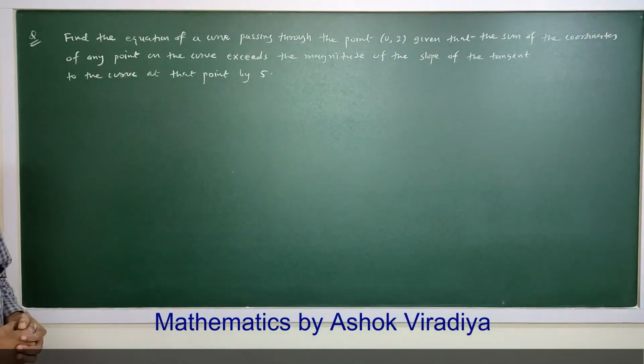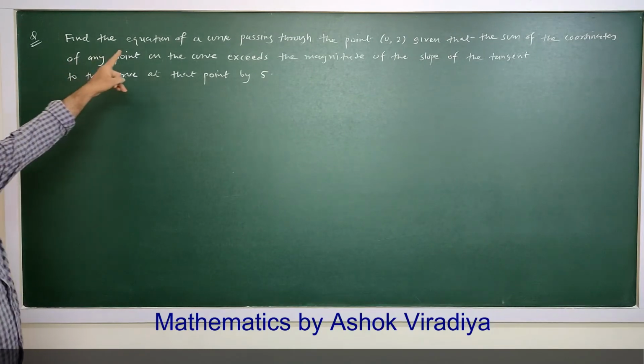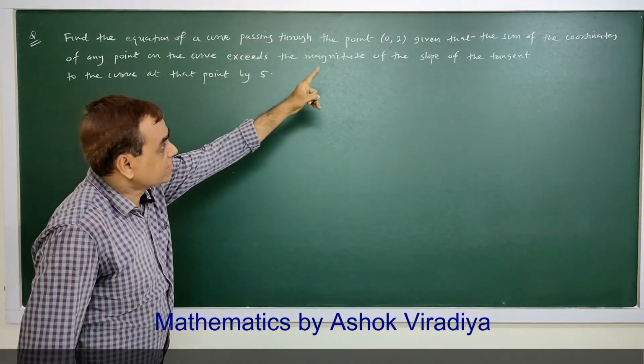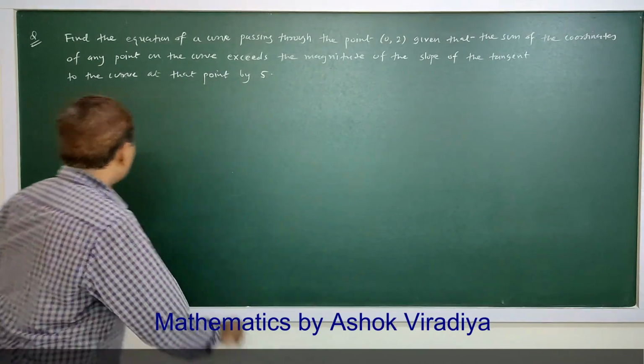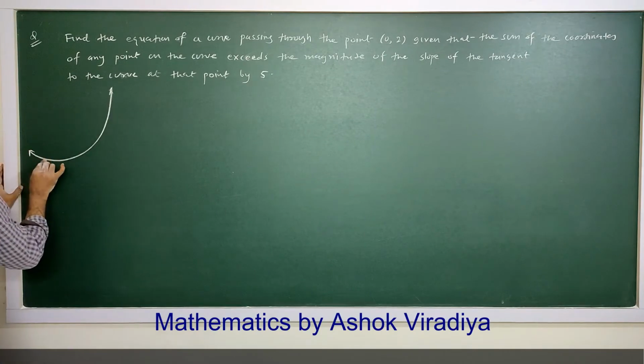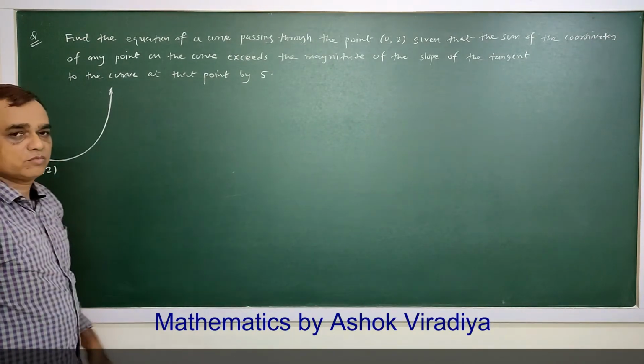Now next question. Find the equation of a curve passing through the point (0, 2). Suppose this is a curve which is passing through (0, 2).